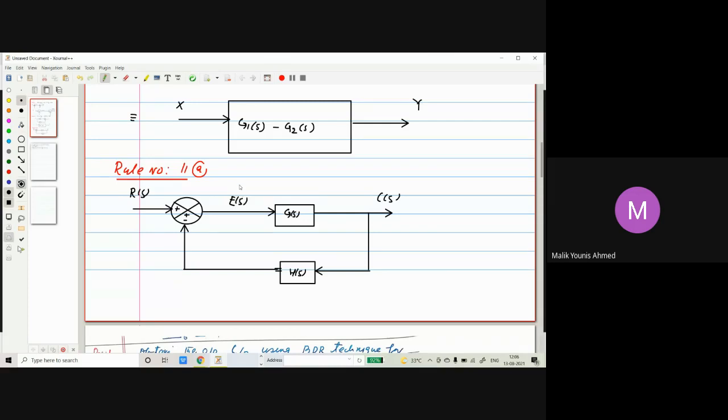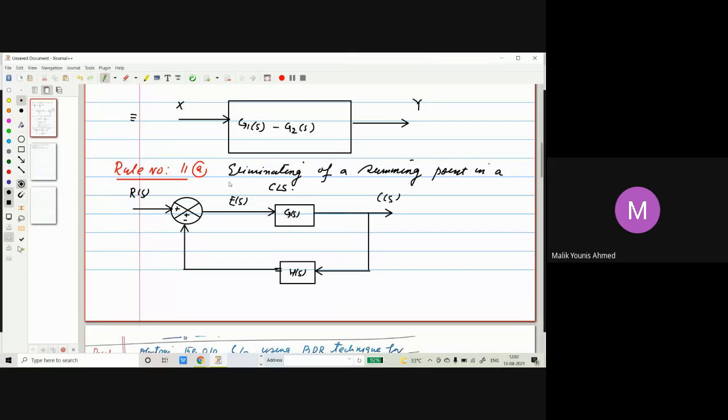So rule number 11 says what? Eliminating a summing point in a closed loop system.